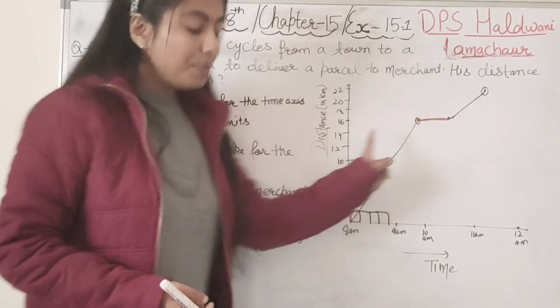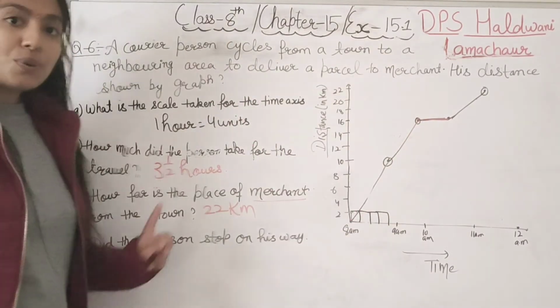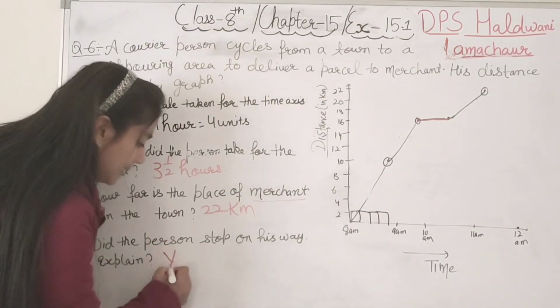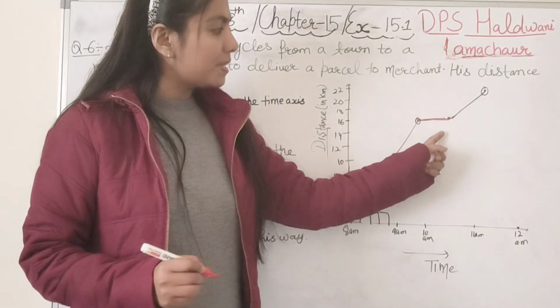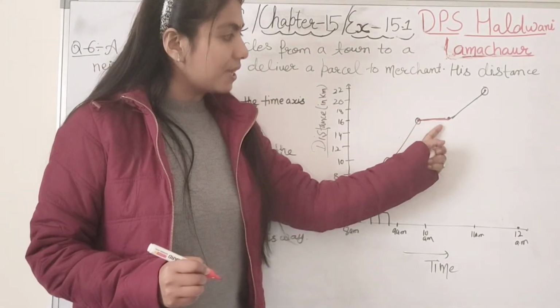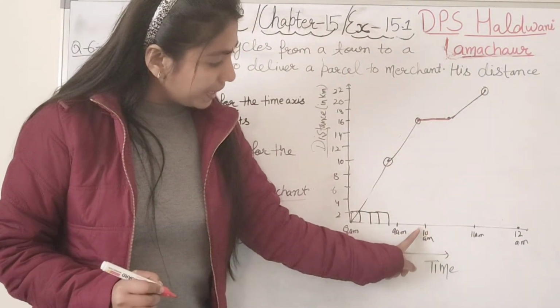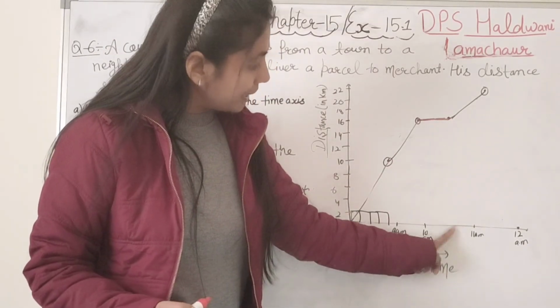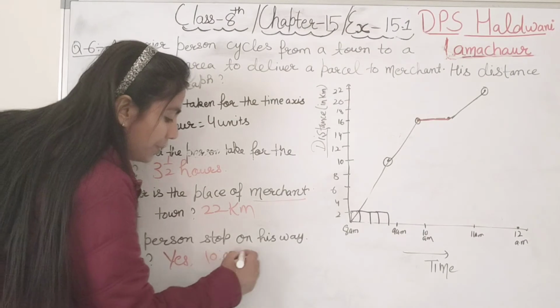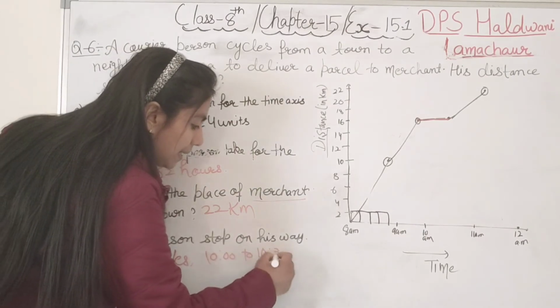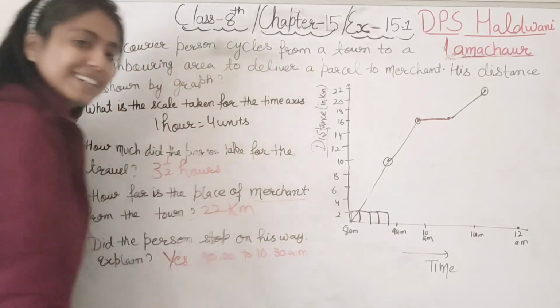So what you will write, because the question says explain, so you have to write yes. Yes, it is shown in the graph by the horizontal part that he stayed, and he stayed between 10 to 11, in between only, 10 to 10:30. So yes, he stayed from 10 to 10:30 a.m. Right student?